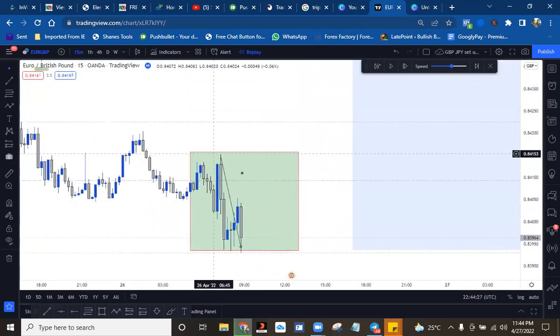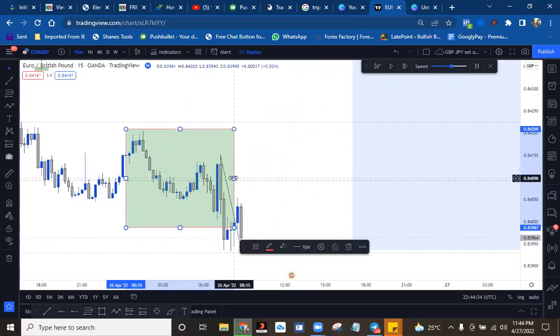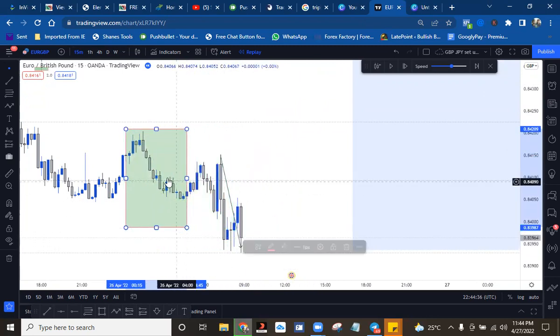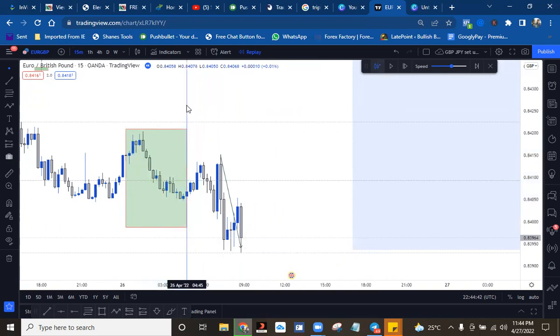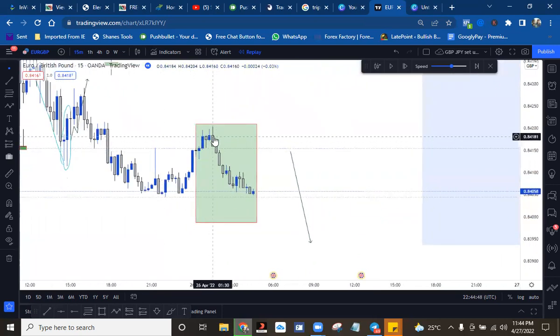If we try to circle here, if we try to highlight here, we just want to highlight this zone, this bearish move. Okay, let me remove this side. All right, so let us see. In the 15-minute time frame, we had the bulls showed up a little bit and then the bears pushed down.